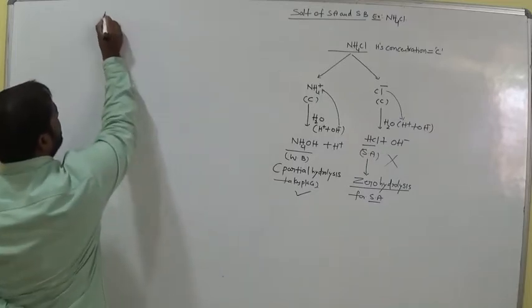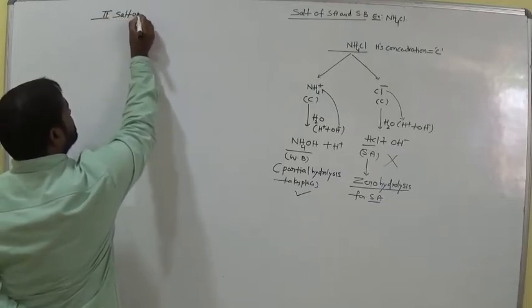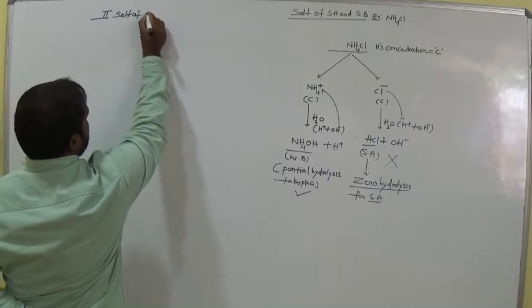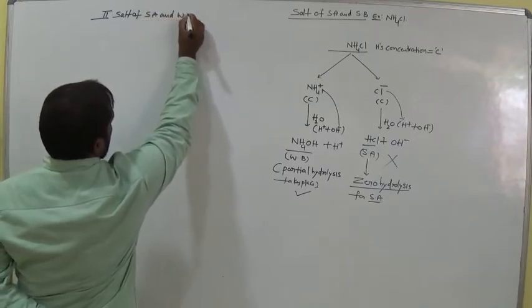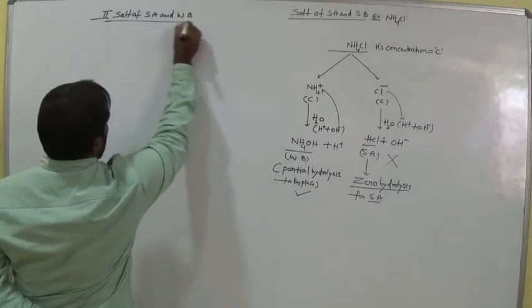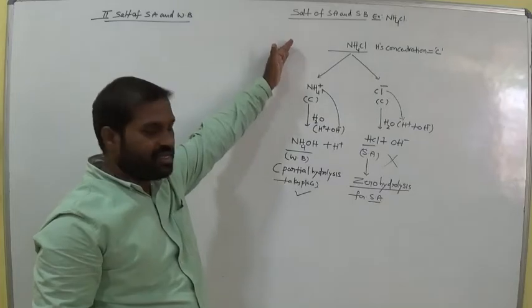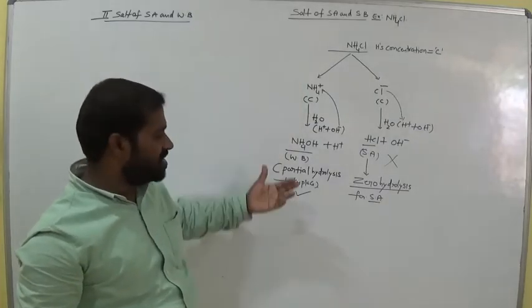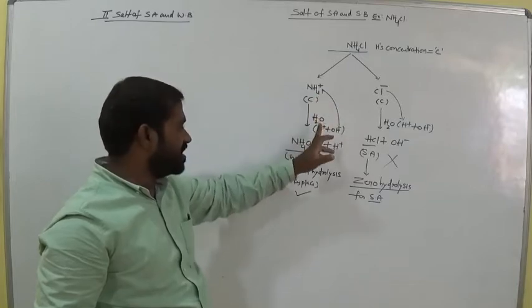This is the topic related to salt of a strong acid and a weak base. Clear, all of you? Now, in this condition, which component undergoes hydrolysis? This NH4 plus cation undergoes hydrolysis.